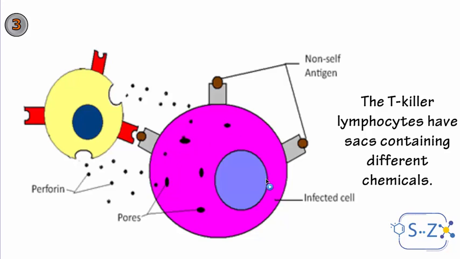So now the infected cell membrane is perforated, it has openings in it. So again, the T killer lymphocyte secretes perforin, one type of chemical that makes pores in the membrane of the infected cell.